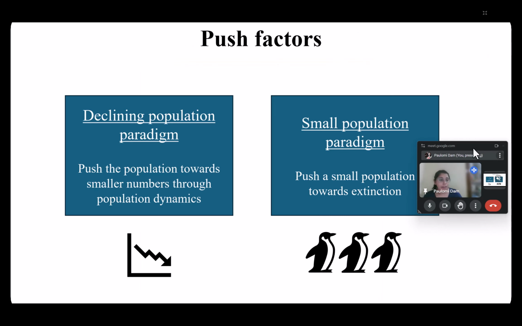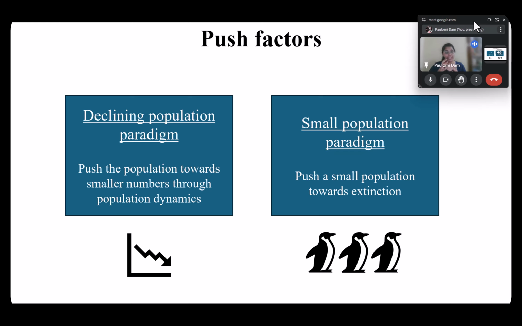Now, when you talk about push factors, we can classify them into two categories: the declining population paradigm and the small population paradigm. Push factors move the animals out of a region, but they can be divided into two classes, depending on what they affect and when they affect the population.